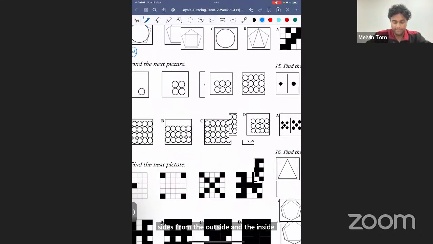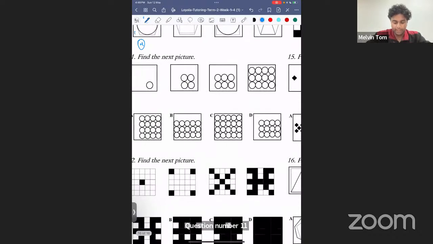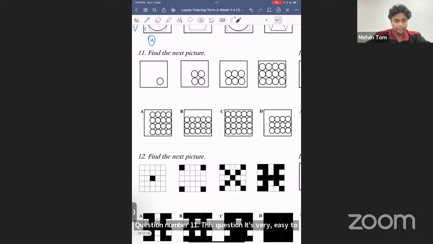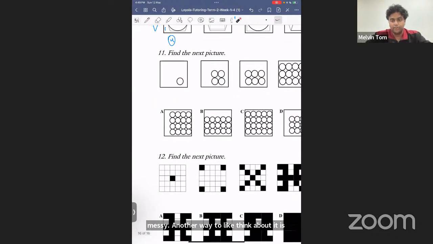Question number 11. It's very easy to look at it and say, oh, it's +3, +2, and then it kind of gets messy. It gets really messy. Another way to think about it is to slow down for a second and ask yourself, what is the change that's really happening?